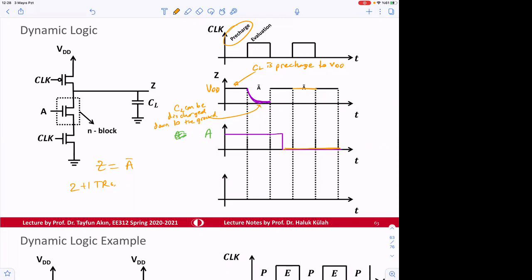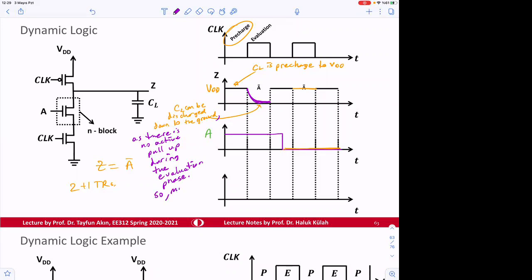Why? Because there is no pull-up during the evaluation phase.